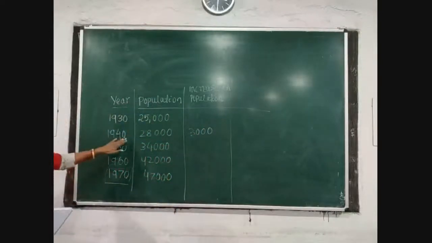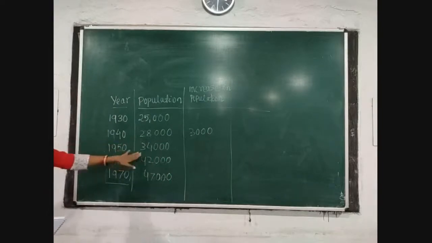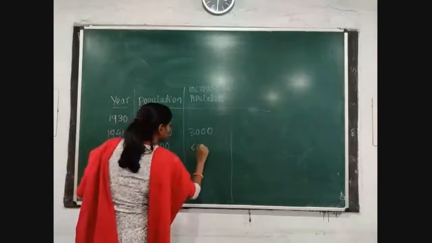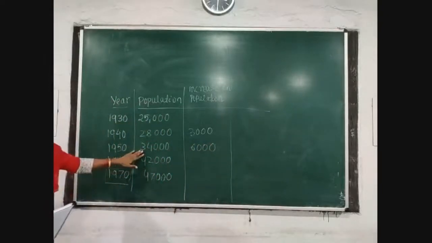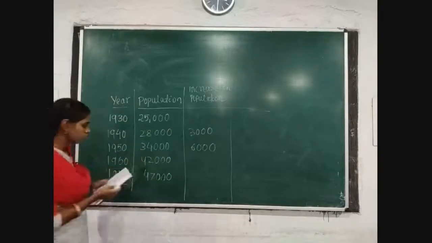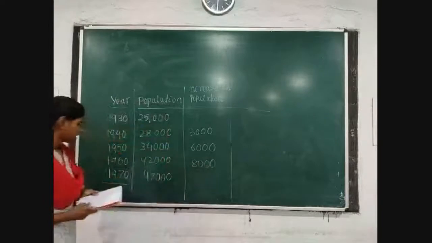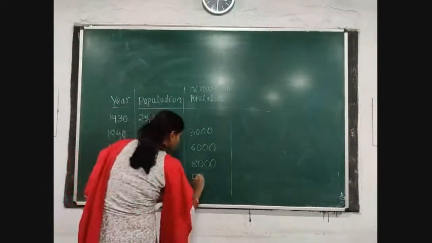Similarly, in 1940 the population is 28,000 and in 1950 it is 34,000, so the increase is 6,000. For the third case, 34,000 to 42,000, the difference is 8,000. Next, 42,000 to 47,000, the difference is 5,000.